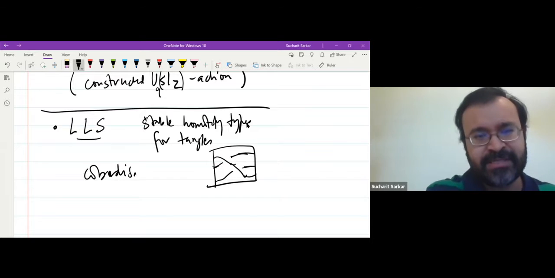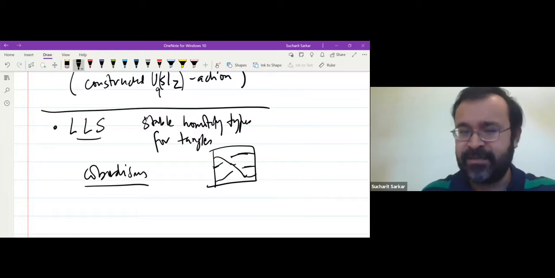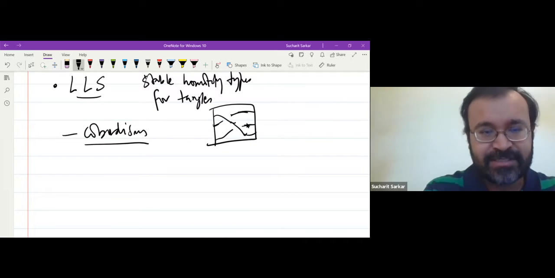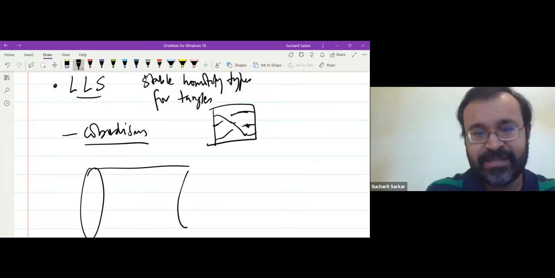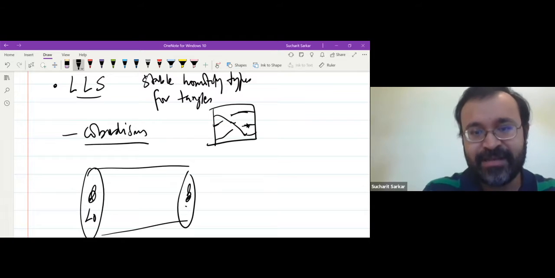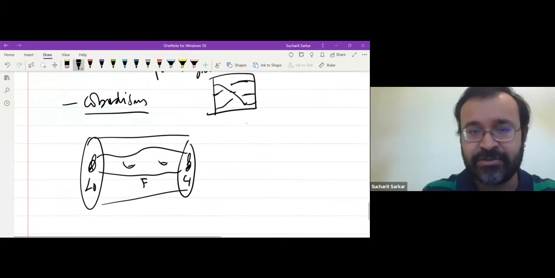And this is another example of why homotopy types are much more interesting. So let me mention why cobordisms are more interesting. Again, let me draw the same picture. Let's say I have a link L0, I have a link L1, and let's say I have a cobordism F from L0 to L1.